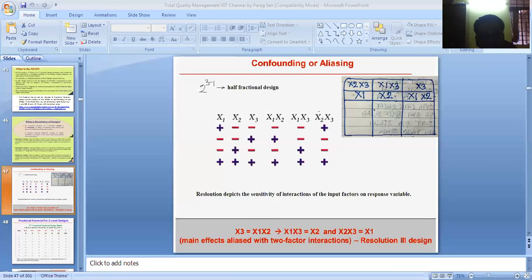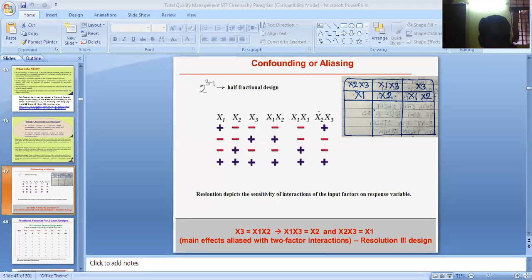Okay, and this resemblance is actually known as aliasing or confounding, and we say that x3 is confounding with x1 and x2. Okay, so if x3 is equal to x1 x2, then we can also find some ways of the multiplication procedure.